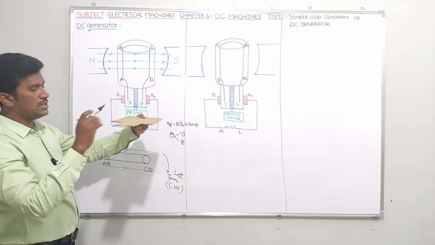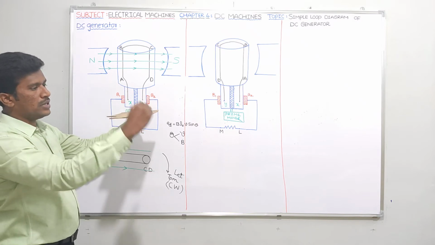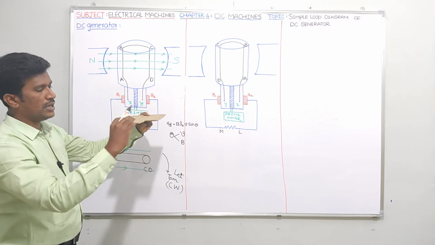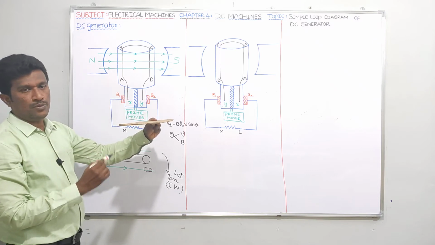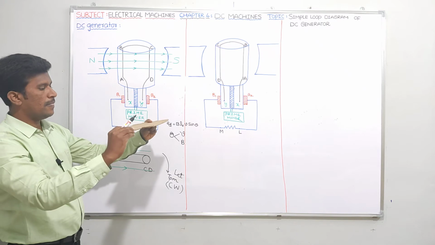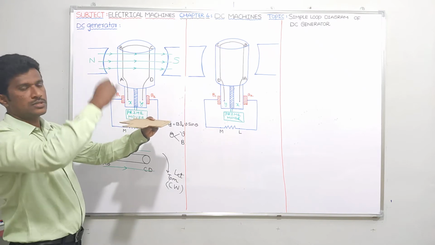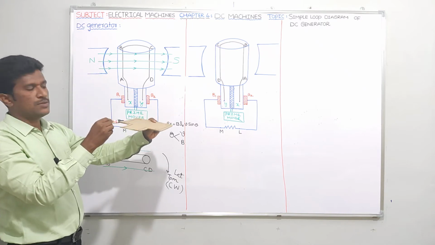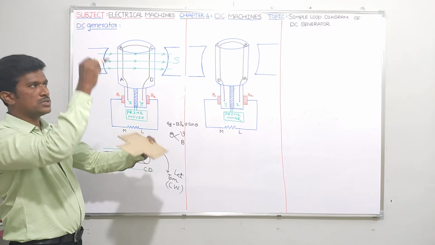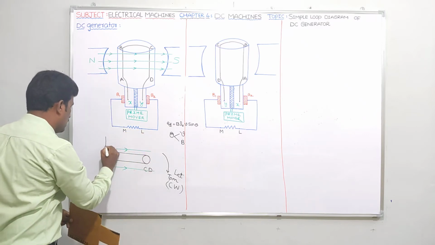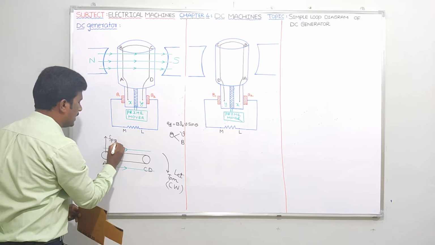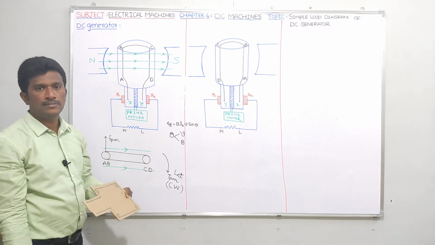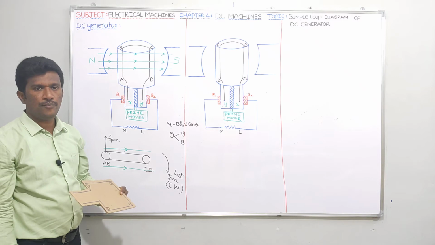Upwards or downwards? Please see, I am asking at AB. In clockwise rotation, if I rotate like this, at AB, are you getting tangential motion upwards or downwards? See, upwards, right? At AB, the tangential motion will be upwards. That means the direction of the AB conductor's motion is the direction of FPM. I can take it like this, FPM. Is it clear? FPM.